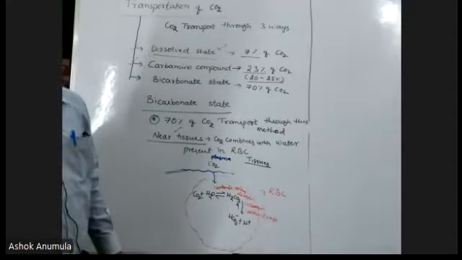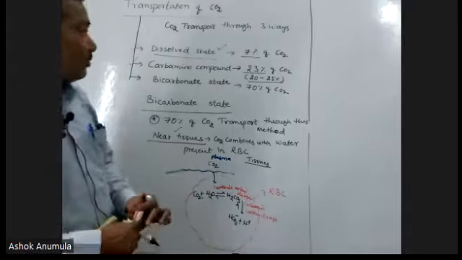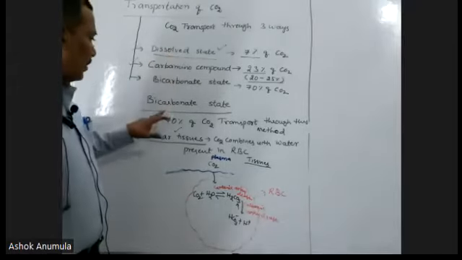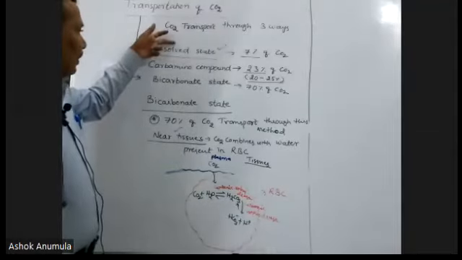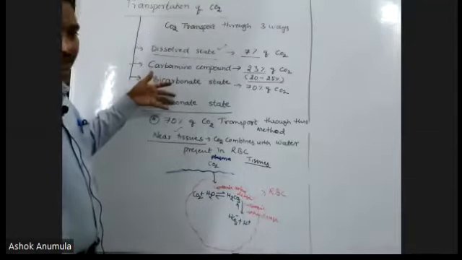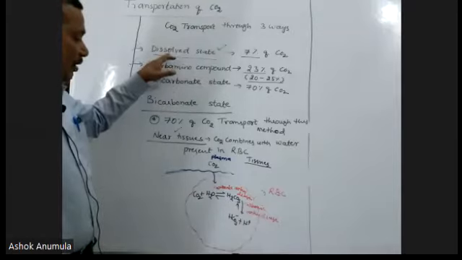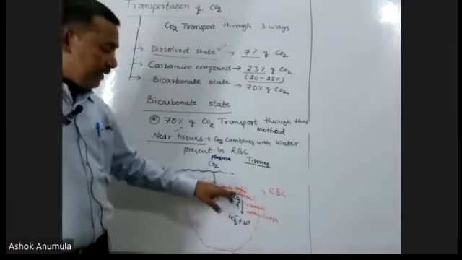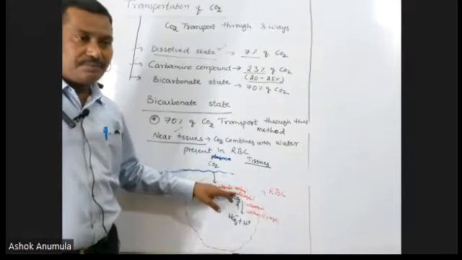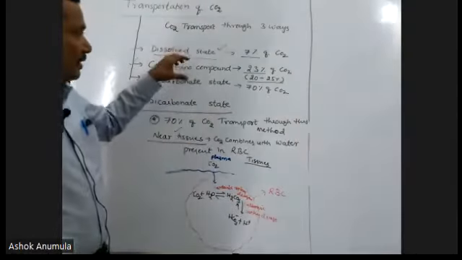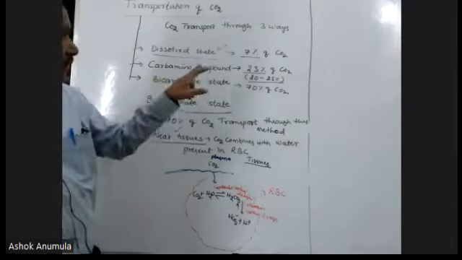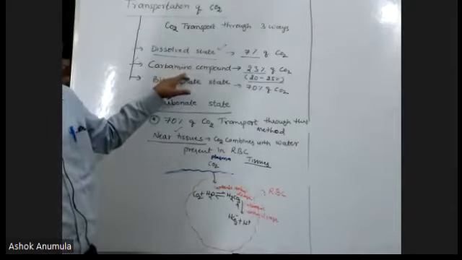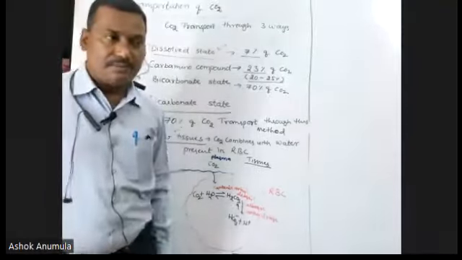Why? Because there is a difference between the dissolved state and the bicarbonate state. In plasma, there is no carbonic anhydrase. That's why less carbon dioxide combines with the water present in the plasma and is transported through that water.